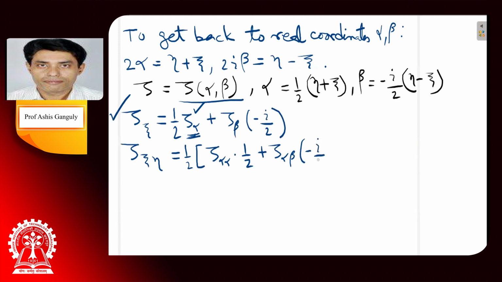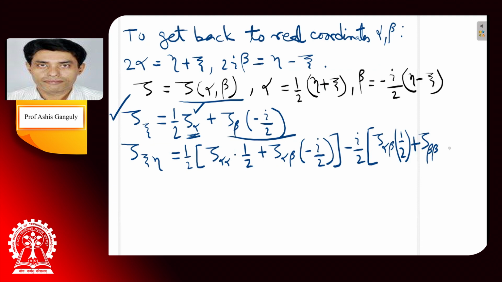It will be minus I by 2. Similarly, from the next term here, two terms will come. One will be xi alpha beta, okay, and del alpha del eta, which is half, plus when you will get zeta beta beta, then del eta again will come, minus I by 2.